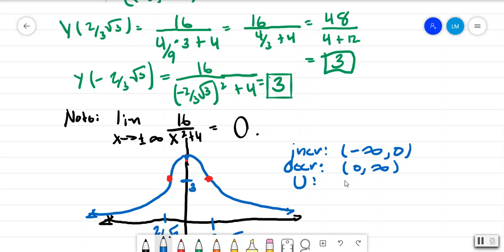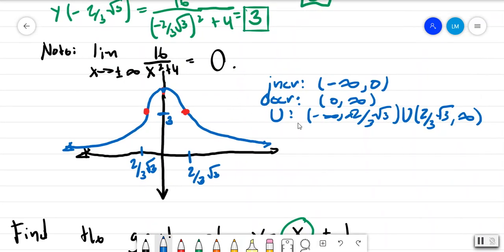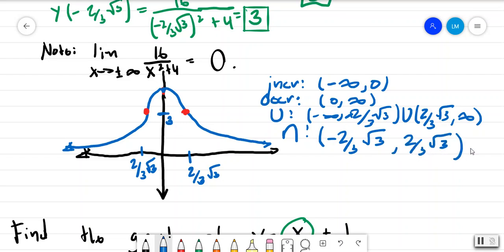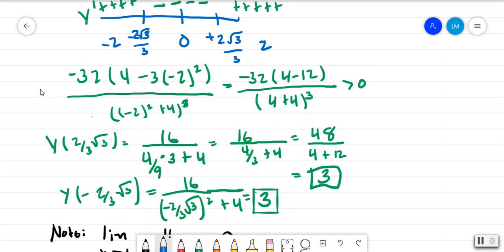So it's concave up from negative infinity to negative 2/3 root 3, and then union 2/3 root 3 comma infinity. But then you also have that it's concave down from negative 2/3 root 3 comma 2/3 root 3. Okay, I know it's a little messy, but yeah, we got to include those.